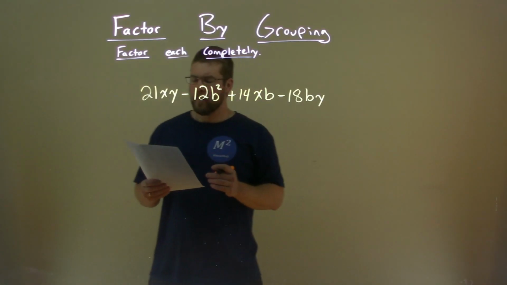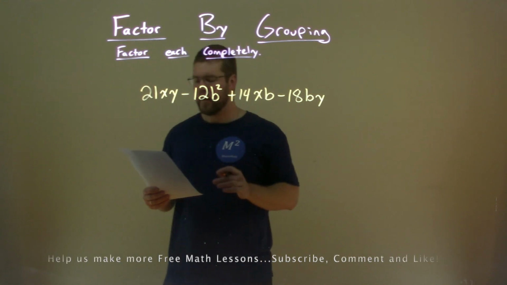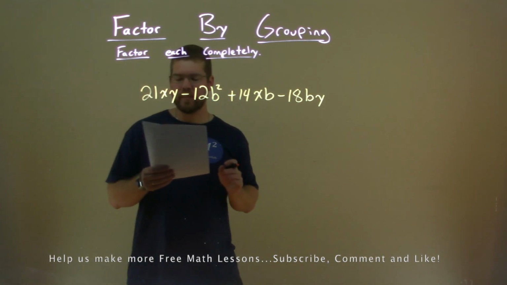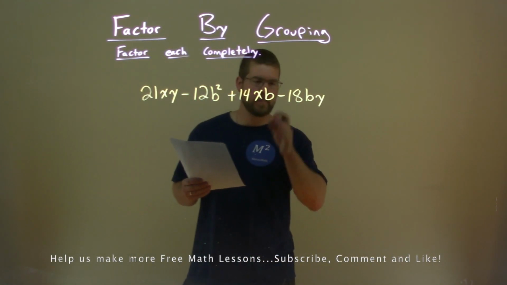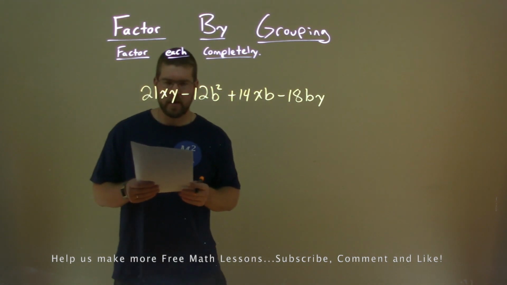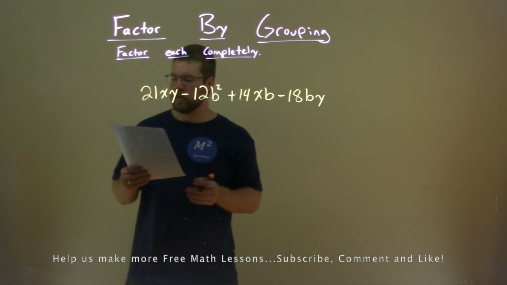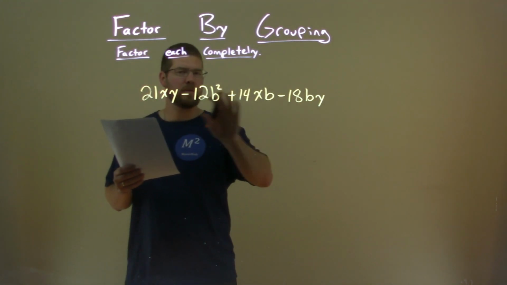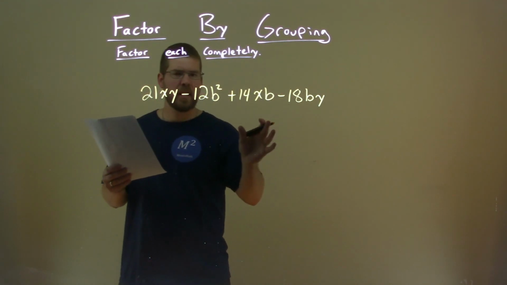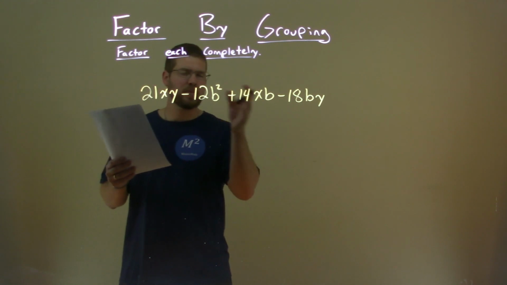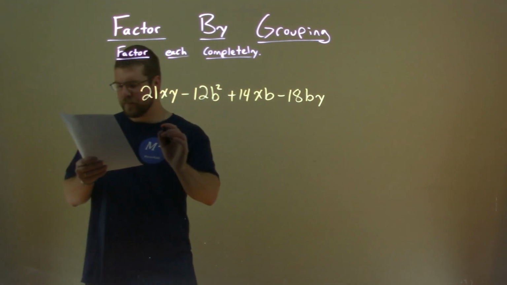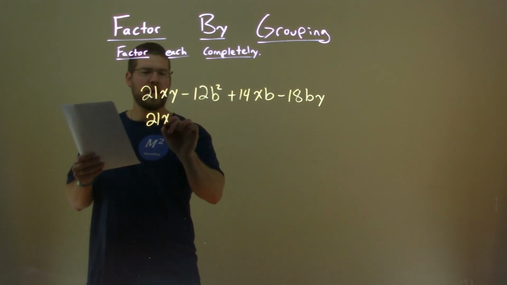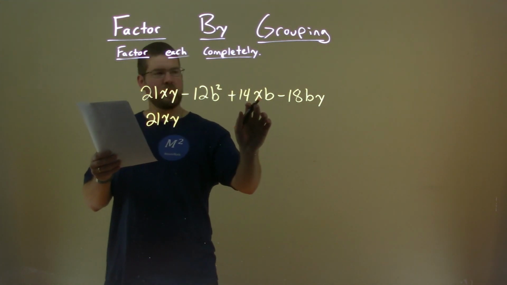We're given this problem right here, 21xy minus 12b squared plus 14xb minus 18by. And we want to factor this completely. Well, first thing is I'm actually going to rearrange this expression to have my similar terms together, similar variables. So I'm going to bring down the 21xy, but then I'm going to bring over this 14xb.